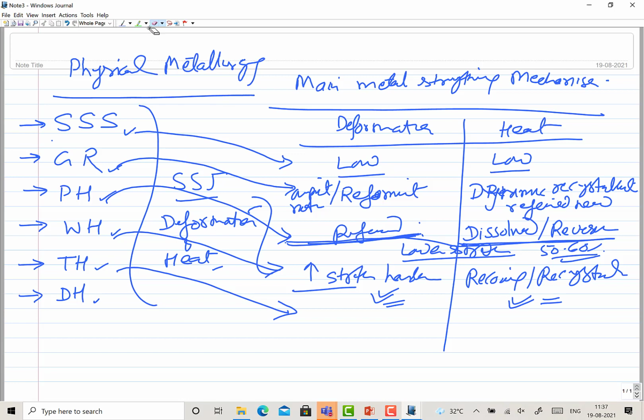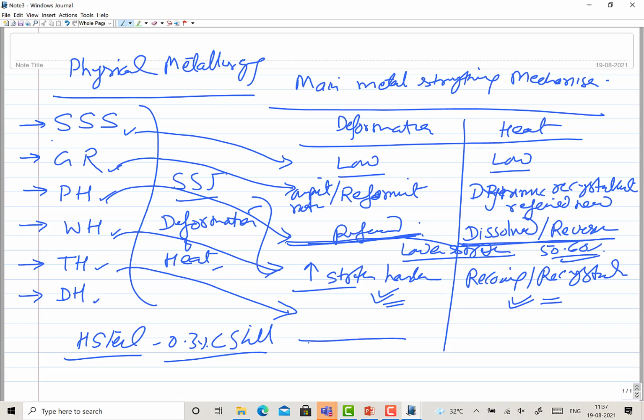So if you take any hardenable steel, say 0.3% carbon steel, and likewise there are a number of things.